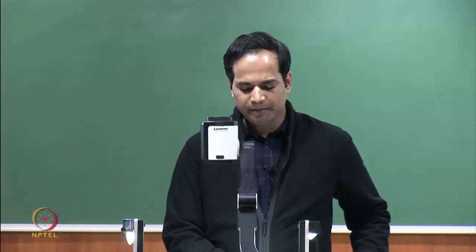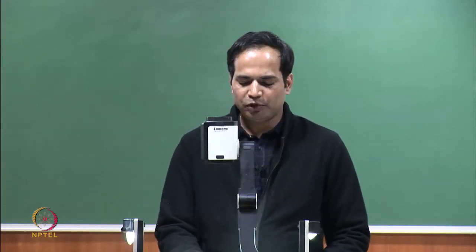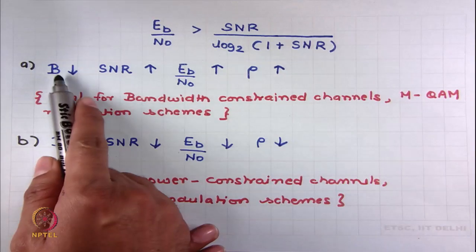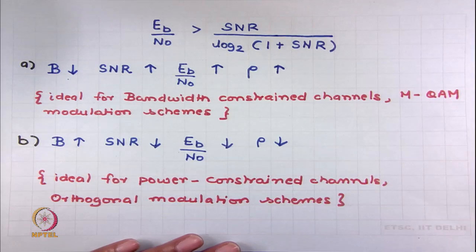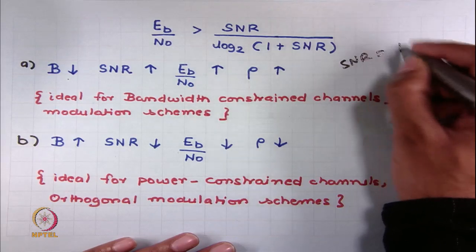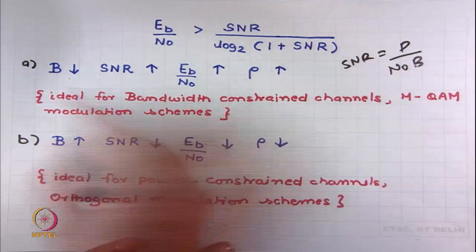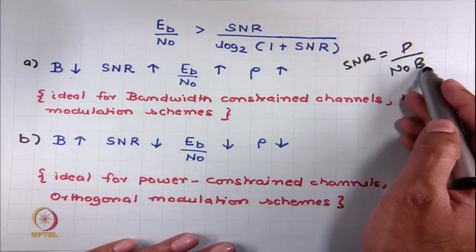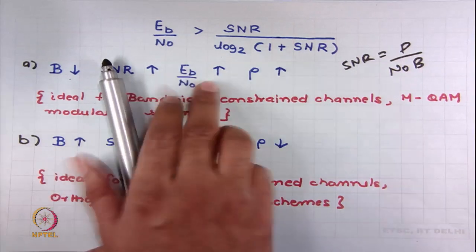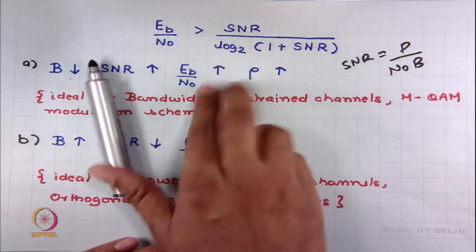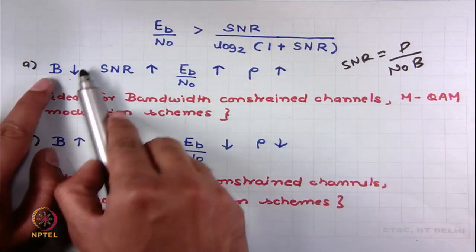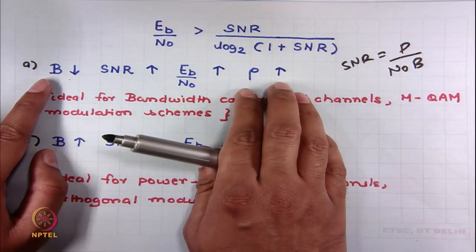Let us see it more clearly. So, we have said that EBNO should be greater than SNR divided by log to 1 plus SNR. If we want to reduce bandwidth, what happens to SNR? SNR increases because SNR is P by N naught B. If you reduce bandwidth, SNR increases. If SNR increases, that means EBNO requirement increases. That means you want to have a larger EBNO, but reducing bandwidth also increases your spectral efficiency, isn't it?